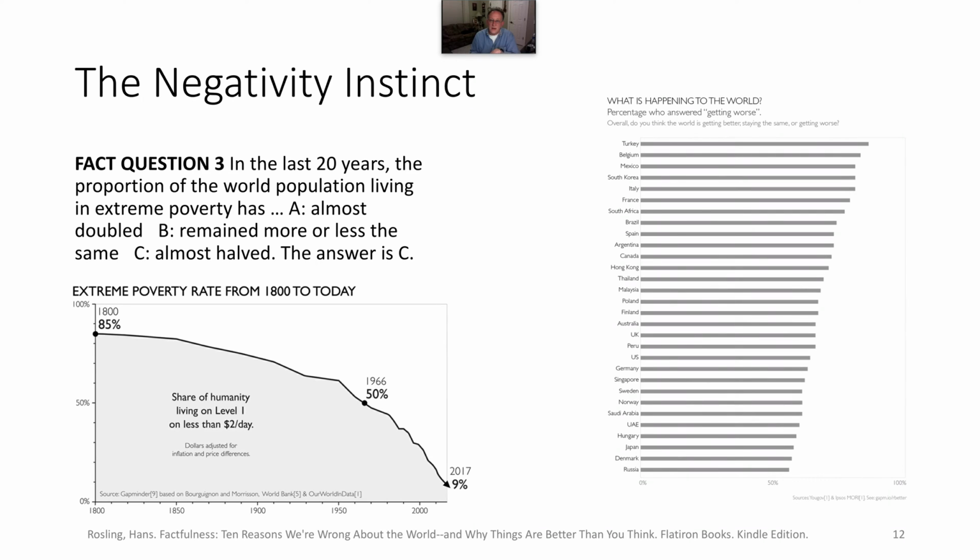So, what's happening in the world? It's actually getting much better in so many ways. But if you ask people around the world, the consensus is the same. Everybody tends to think, to some degree or another, that the world's getting worse.